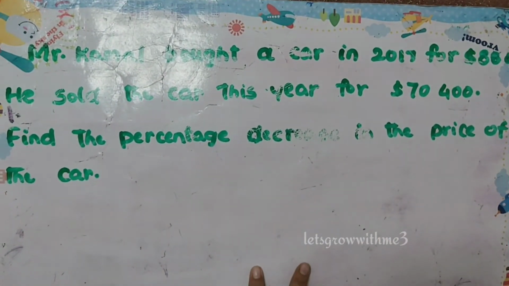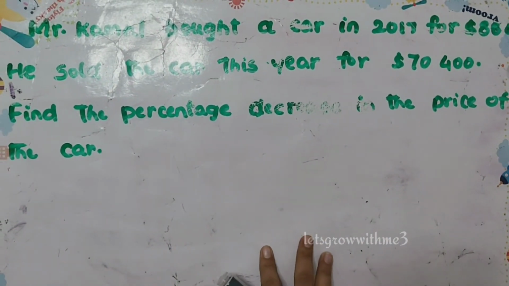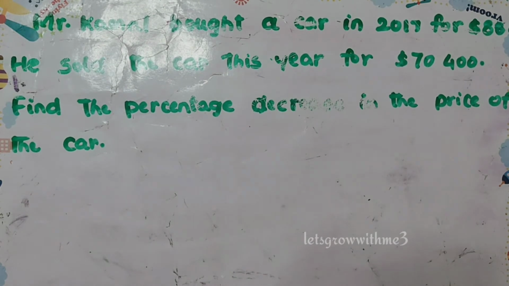Here it is. Mr. Kamal bought a car in 2017 for $88,000. He sold the car this year for $70,400. Find the percentage decrease in the price of the car. So he got some loss, and we need to find out how much it is in terms of percentage.